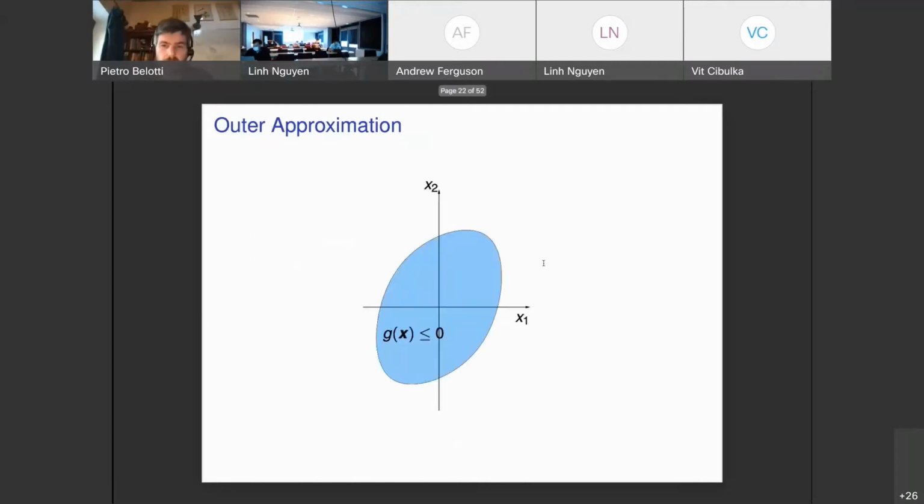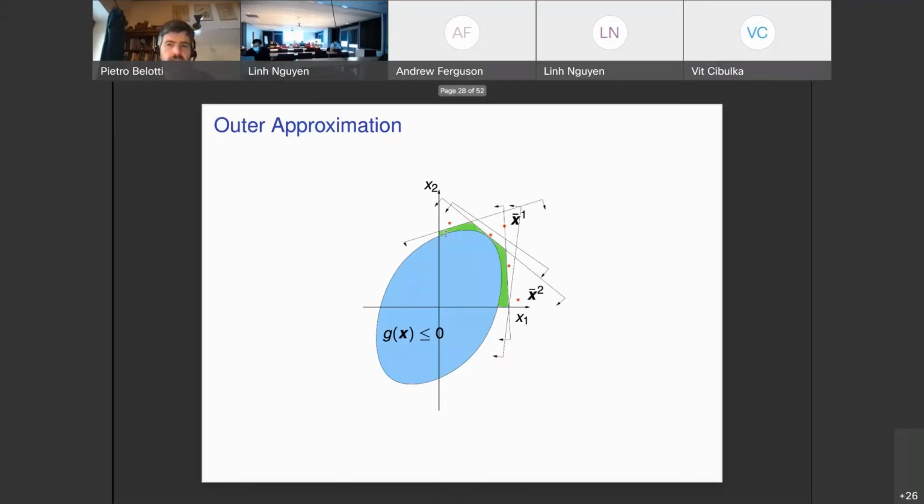Well, I very much like to use visuals to explain concepts, although this is probably a very easy concept for everyone here. But suppose that the blue area is an ellipsoid that is the feasible set for the constraint g(x) ≤ 0. Then you take any point x̄1 and you add one such linear constraint. And then you do the same thing for x̄2, etc. And you do it for all the points you have.